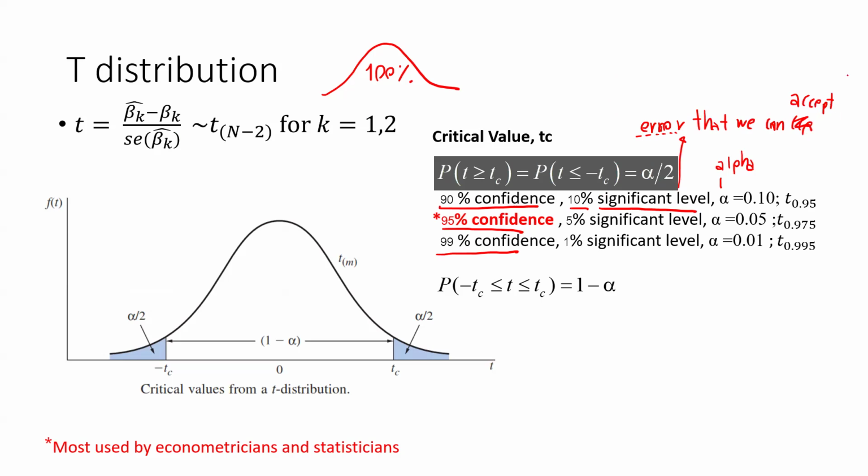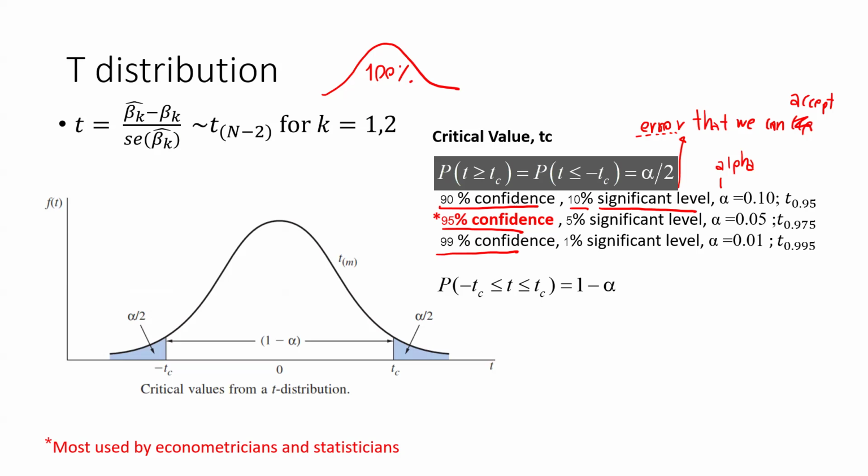For example, if you have confidence of only 90%, what does the remaining 10% mean? It means the error that I can accept. If I use 95% confidence, what about the 5% left? It is an error that I can accept, so I use a 5% significance level.